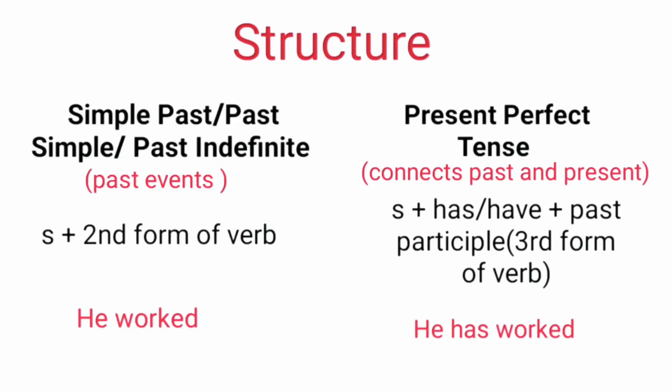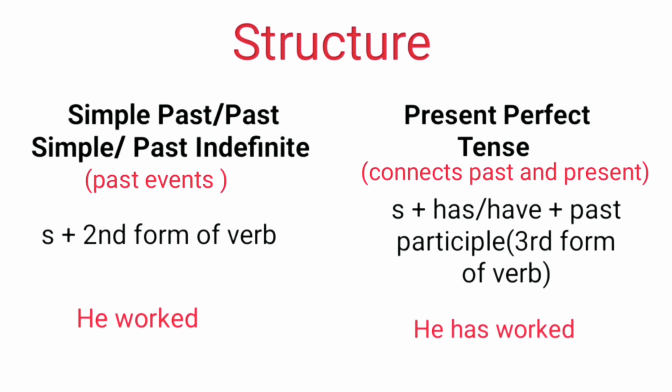Let's start. Simple past tense talks about the past events, while present perfect tense connects past and the present. Structure of simple past is subject plus second form of verb, and present perfect structure is subject plus has or have plus third form of the verb.